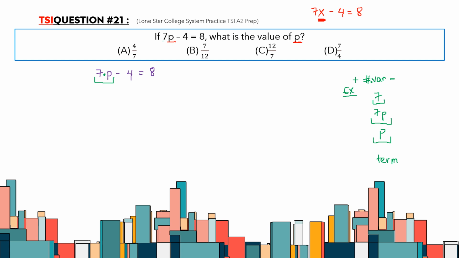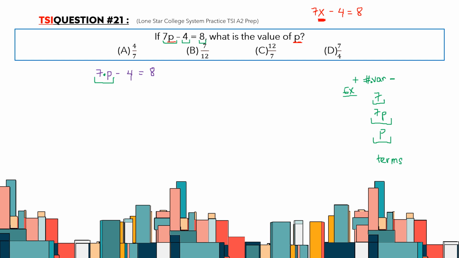So we have 7p, that's one term, minus 4 is another term, and then 8 is another term. A term can be just a letter, a number and a letter, or just a number.